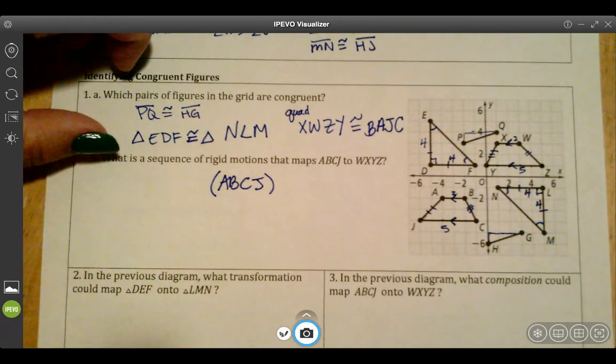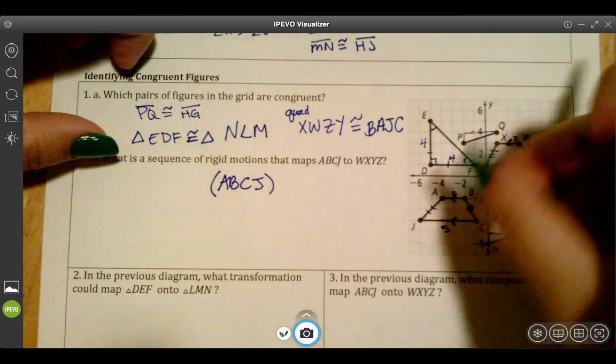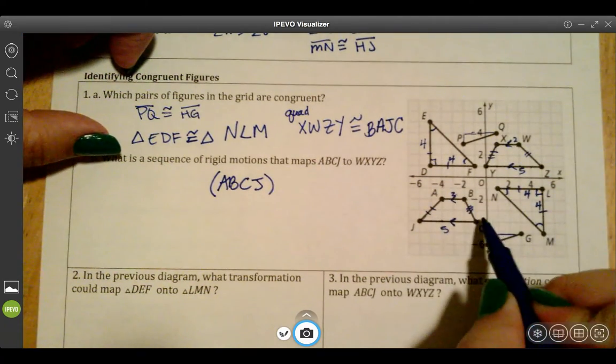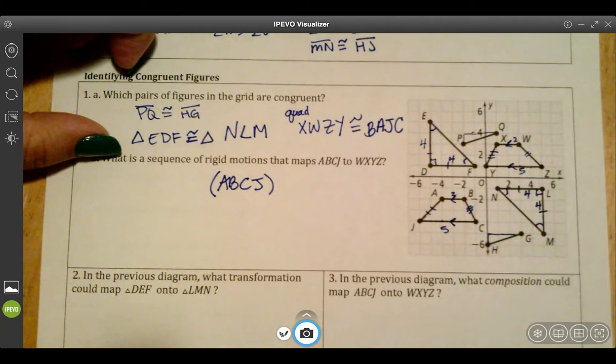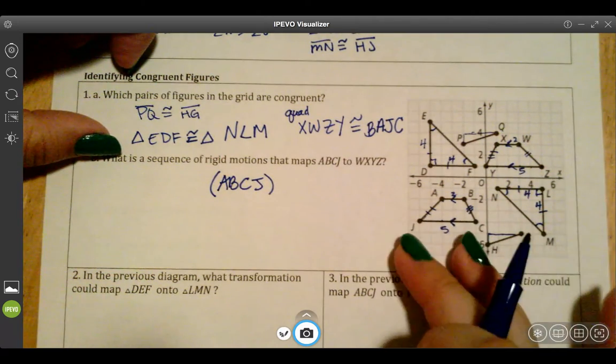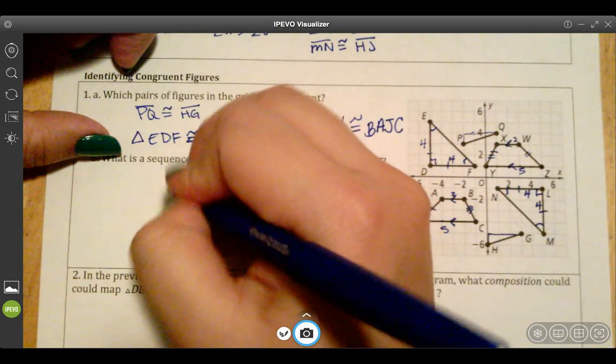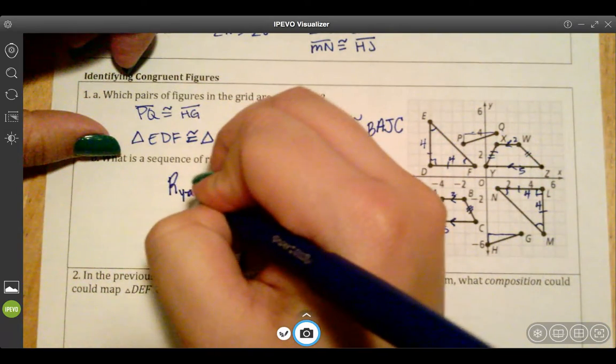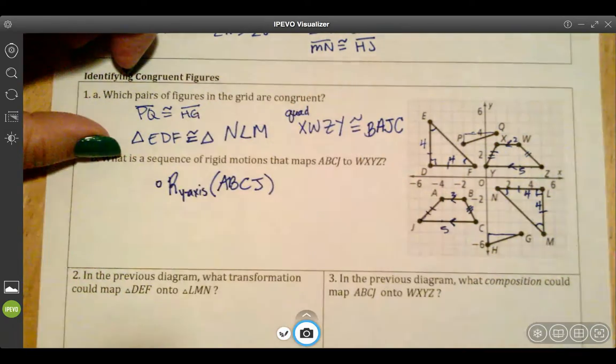What do we want to reflect it over? Well, if we reflect it this way, the long side would be on top. We don't want the long side on top. We still want it on the bottom. So we need to reflect it over the y-axis. That's not all we're going to do, so I'm going to put a little composition symbol.